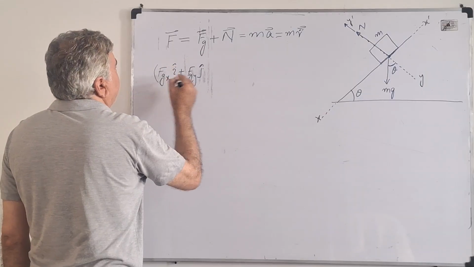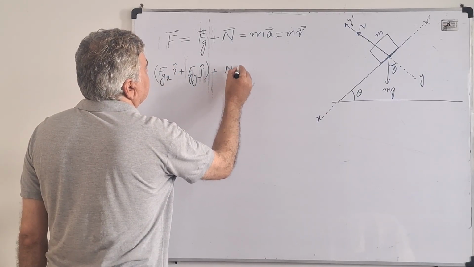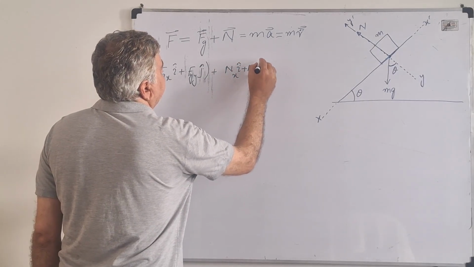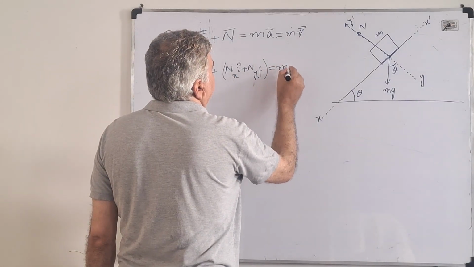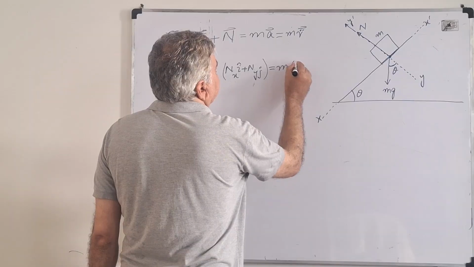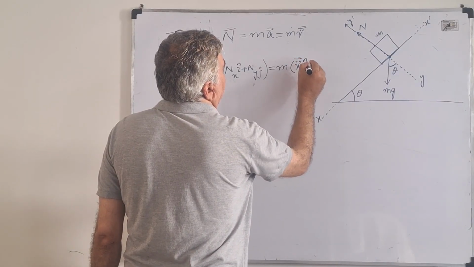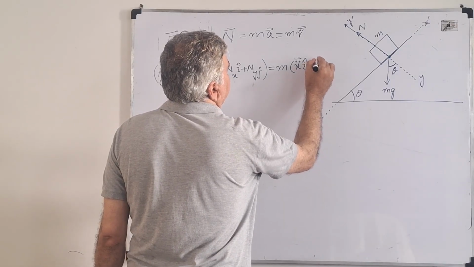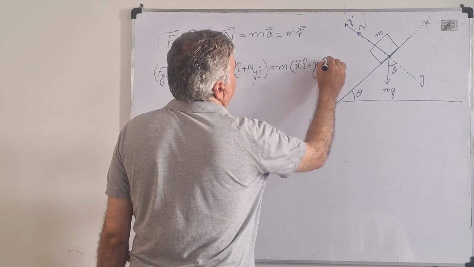This I'm writing for Fg plus Nx i plus Ny j, and on this side I would have m times x double dot i plus y double dot j.